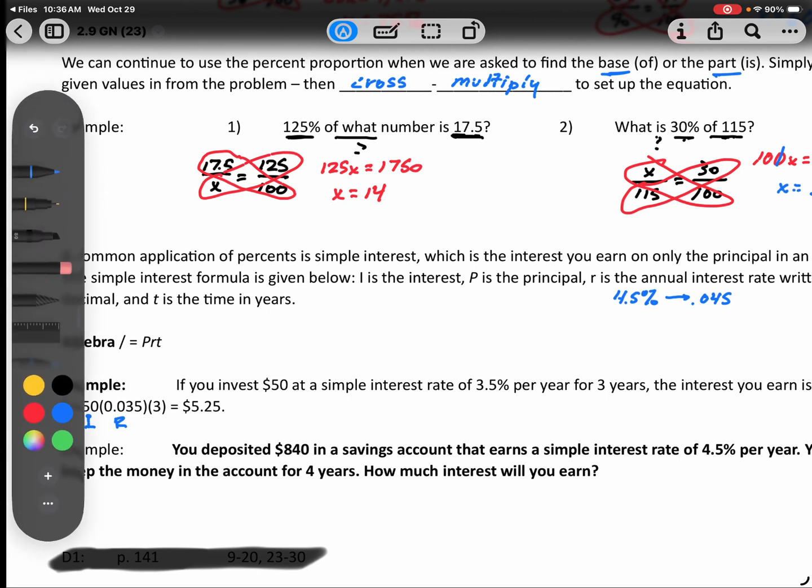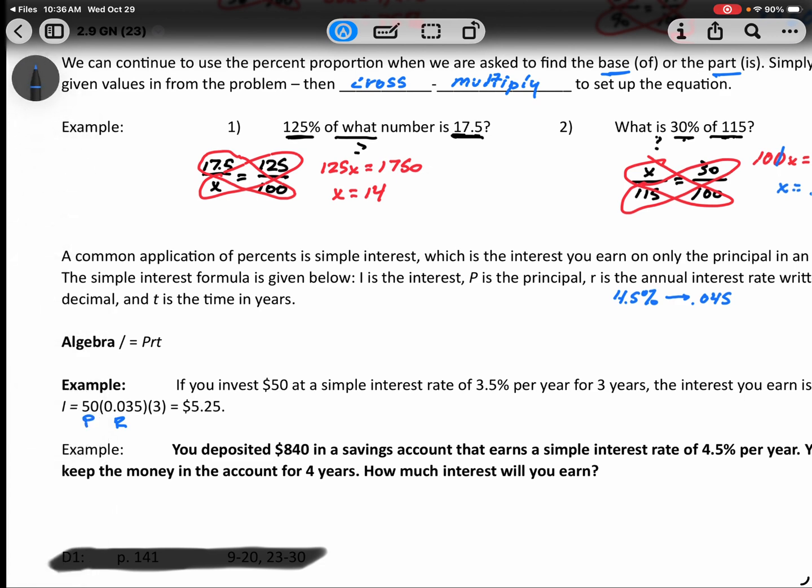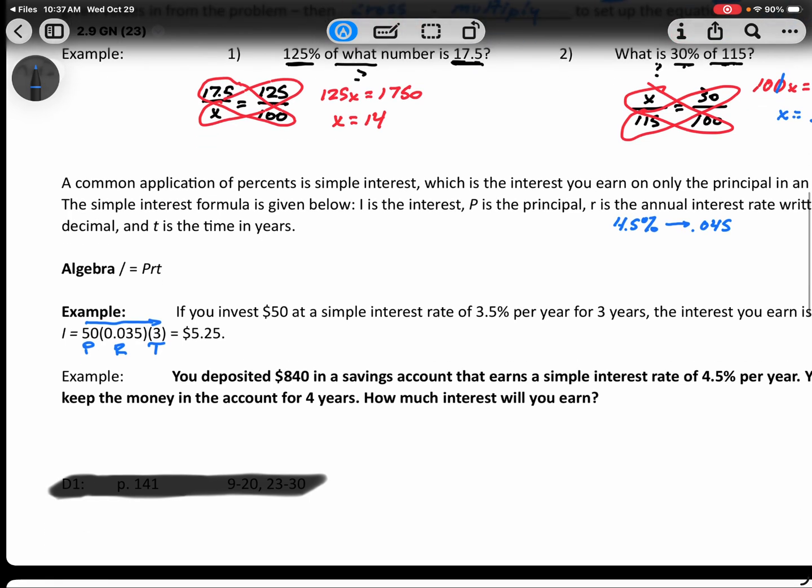So my $50 is my principal, and then my 0.035, that's my rate, my percentage rate, and then my T is my time. And so best case scenario is literally take your calculator, plug these things in, work it left to right. Make sure you write these values down so that I can see where your values are coming from as we should work through these problems.